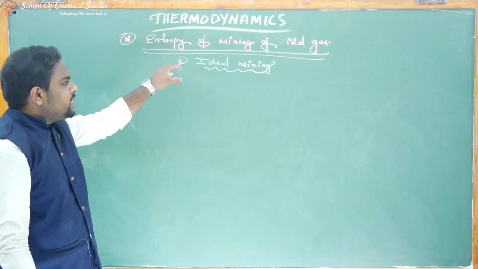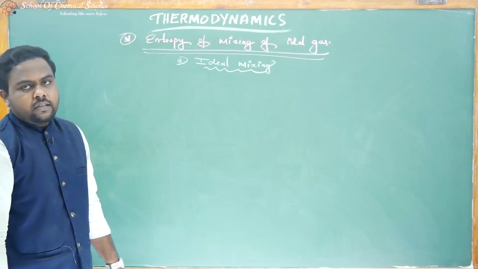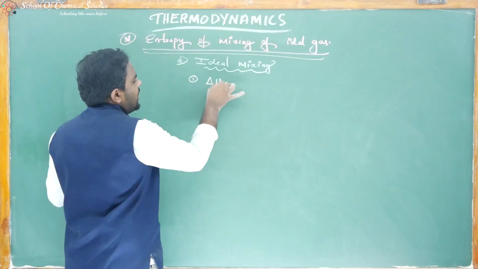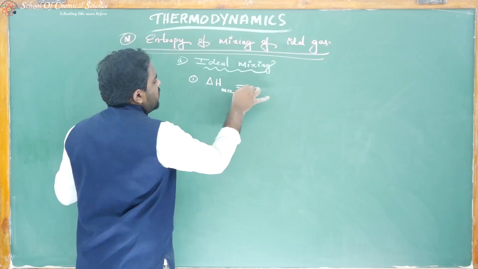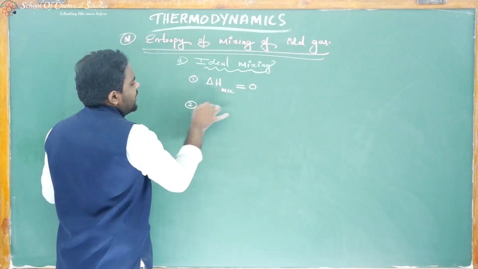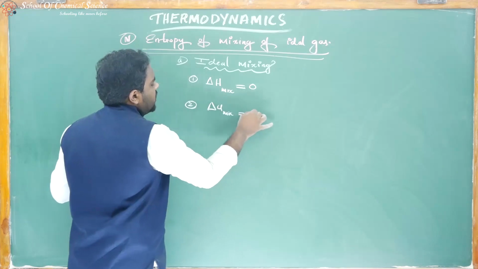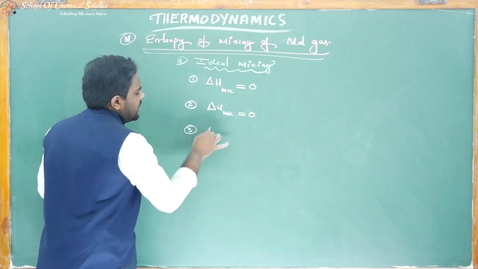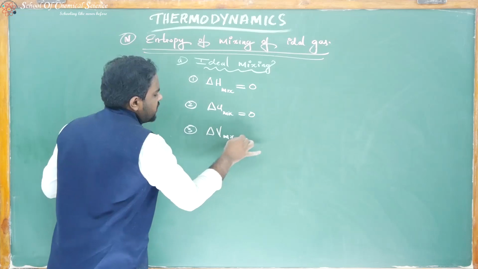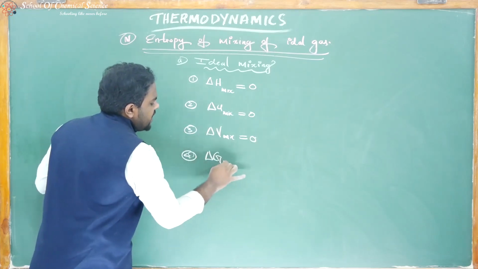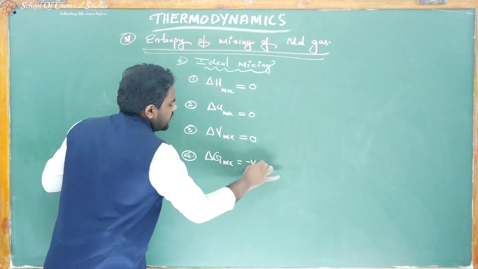So what are the conditions of ideal mixing? First condition, delta H mixing equal to 0. Delta U mixing equal to 0. Delta V mixing equal to 0. Delta G mixing is negative.